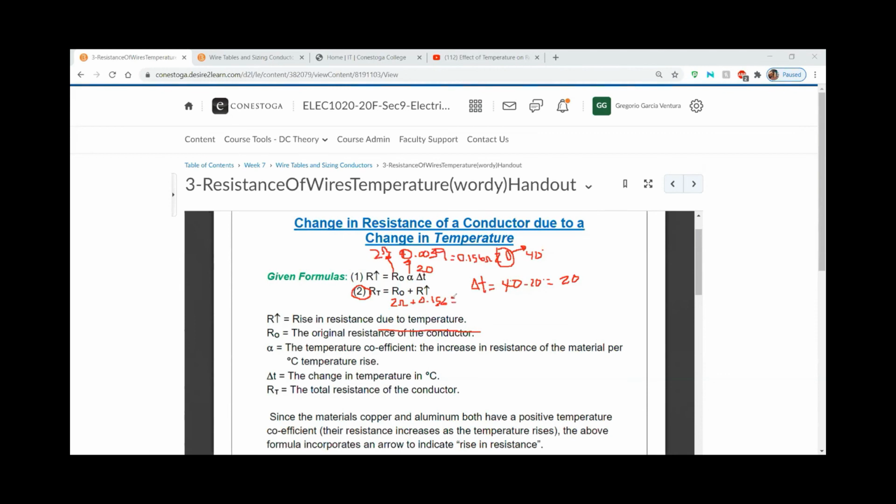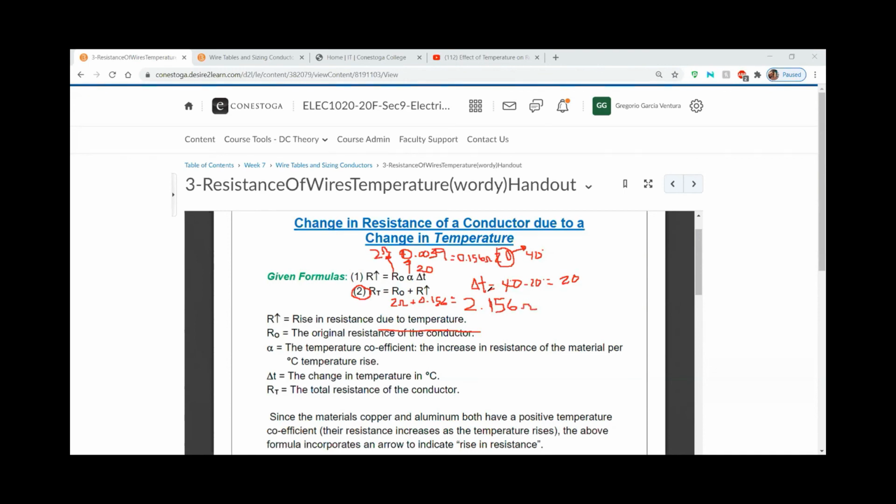So that would give you a total resistance, which is equal to 2.156. That means that if we have a conductor made of copper, and the conductor changes from 20 Celsius to 40 Celsius, the resistance will increase from 2 ohms, like in this initial case, to 2.156 ohms.